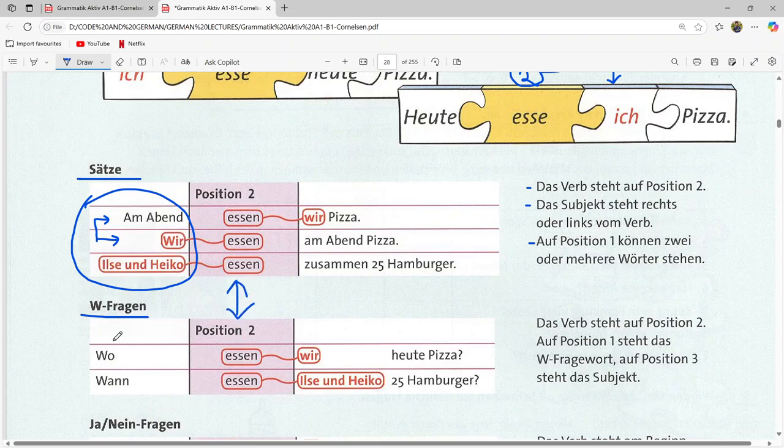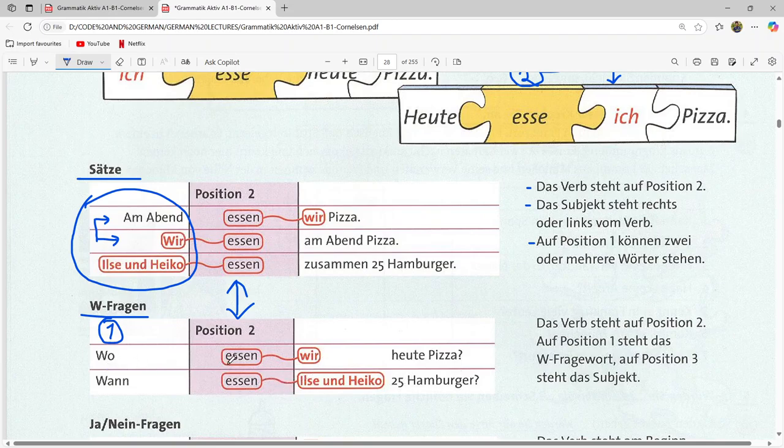At position 1, we have to use the Frage word, the keywords starting with W. These are called the Frageword. And on the right side of the verb we will use the subject.